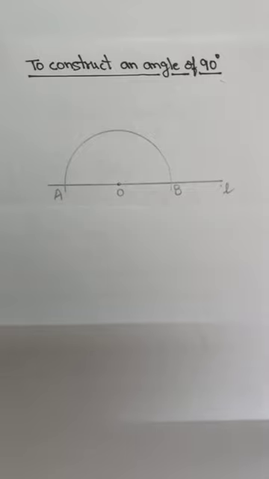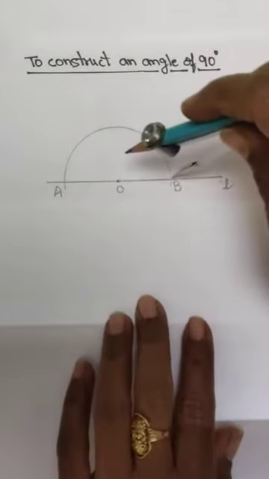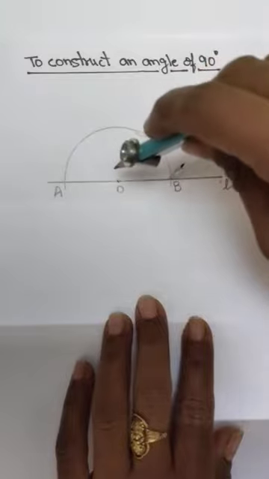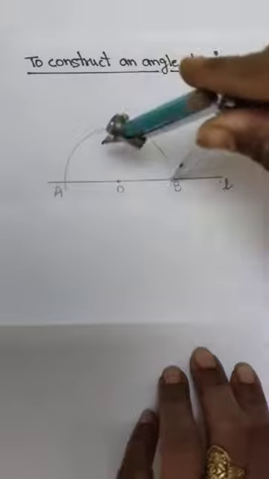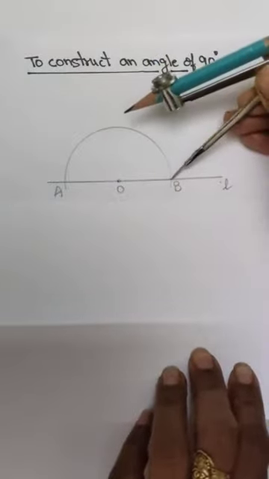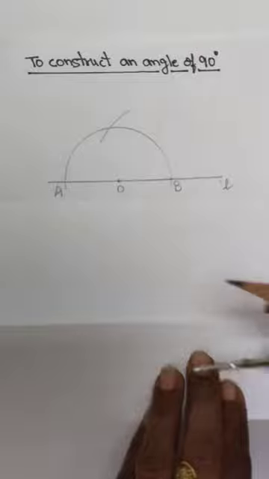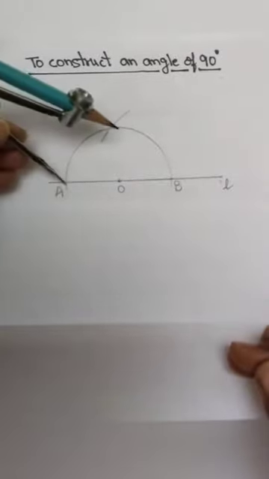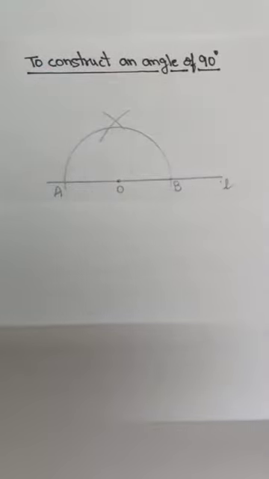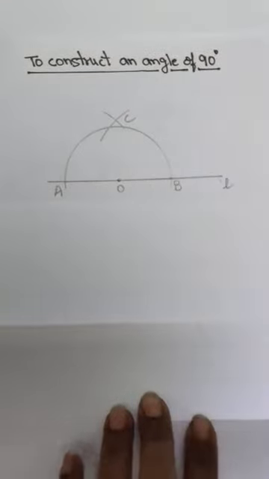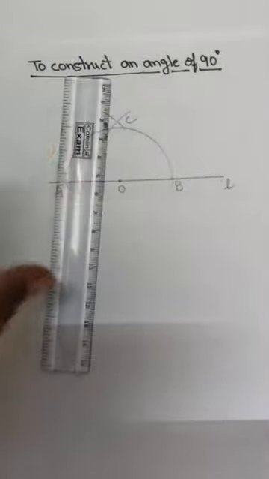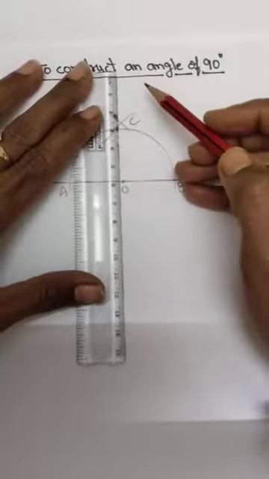Now with A and B as centers, open your compass more than half of AB. With B as a center, draw one arc. Then with A as a center, draw one more arc which cuts the previous arc at C. Join OC.